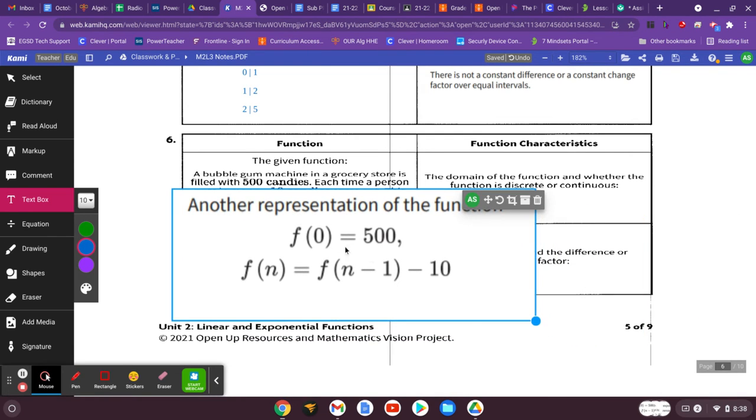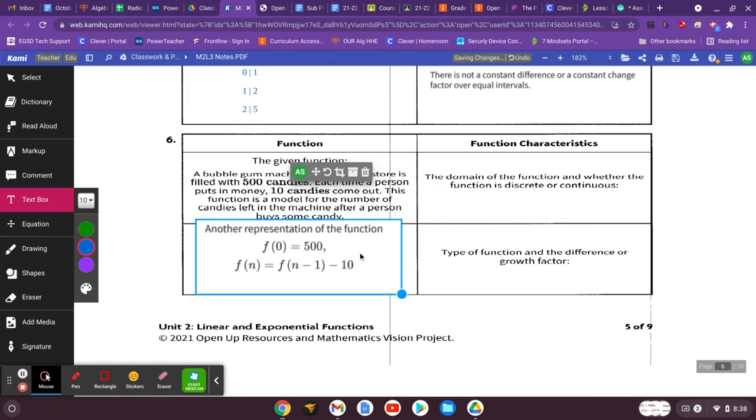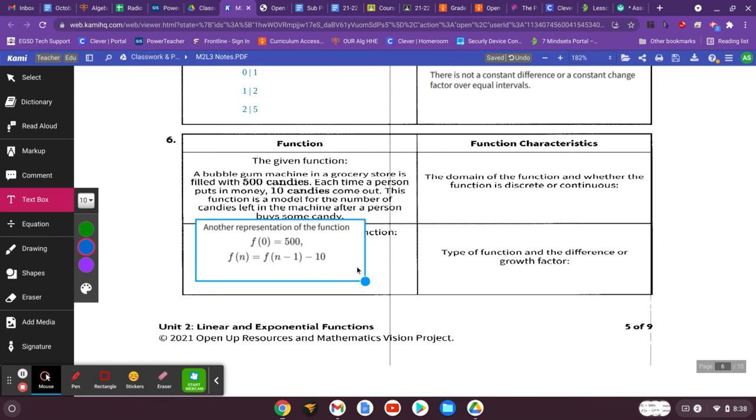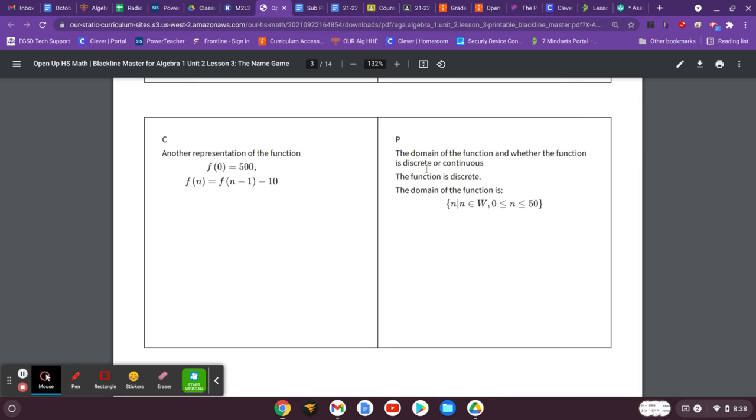So we're going to put that one in here. It's our other representation. And then what else do we have here? I see we've got a domain that involves W has to be, so our answer is 50, or 500, but if we're going by tens each time, we can't have more than 50.